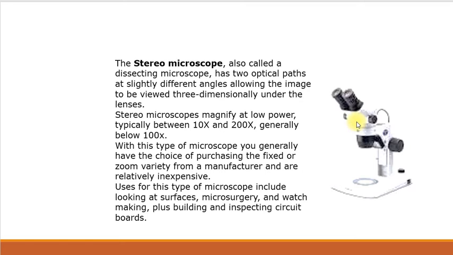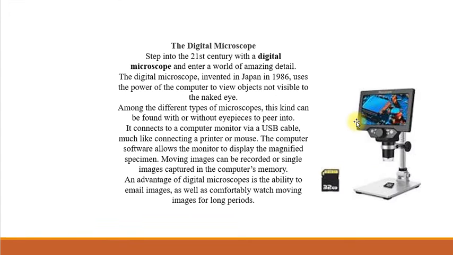With this type of microscope, we generally have the choice of purchasing the fixed or the zoom variety from the manufacturer, and they are relatively inexpensive. Uses of this type of microscope generally include looking at surfaces, microsurgery, and watchmaking, plus building and inspecting circuit boards. So this is the stereo microscope.